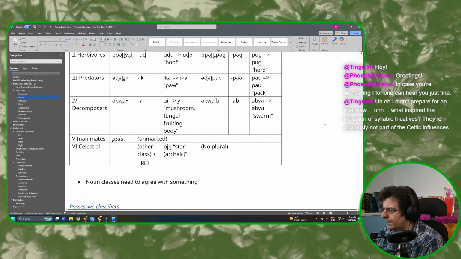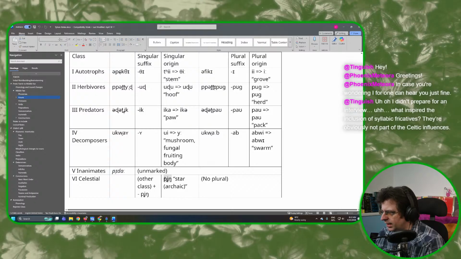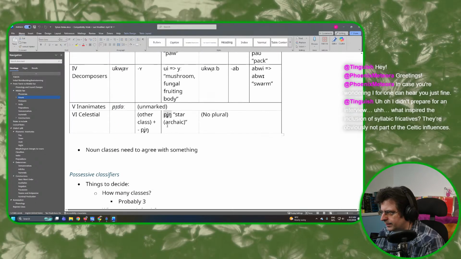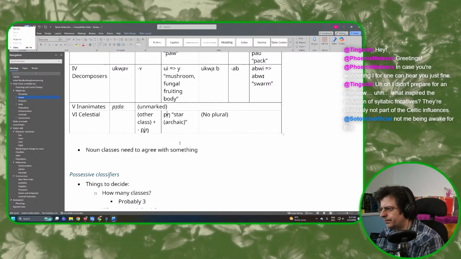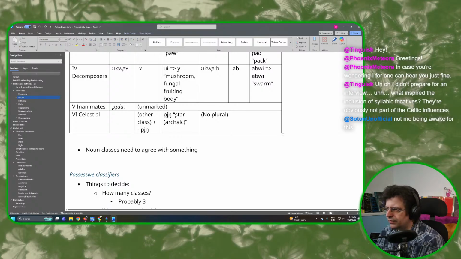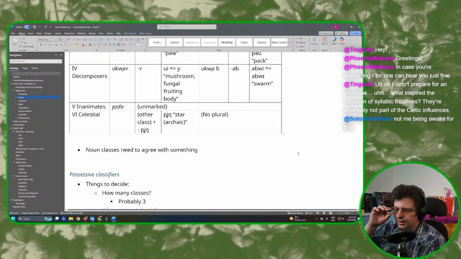The interesting thing is like this: the celestial is bzing, bzing, and actually, I think I need to revise that. I think in the middle phase stage it can be that, but it becomes the Z one.